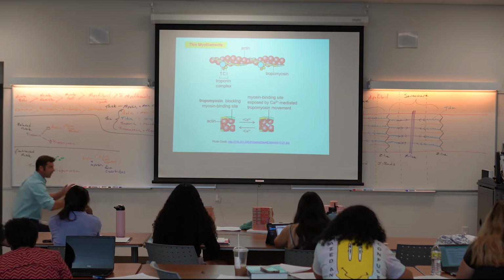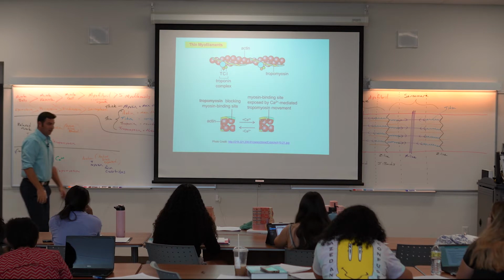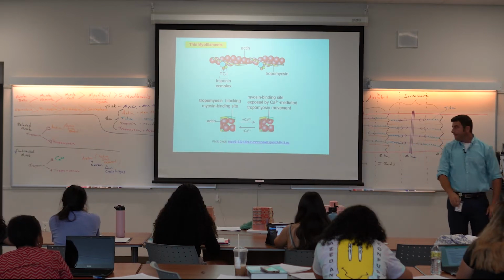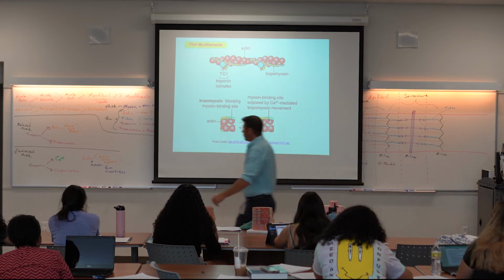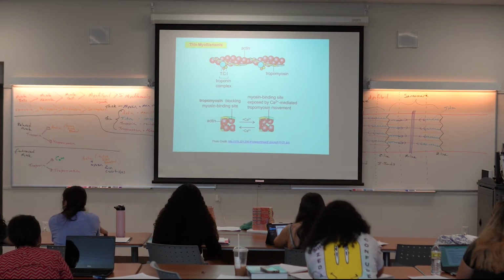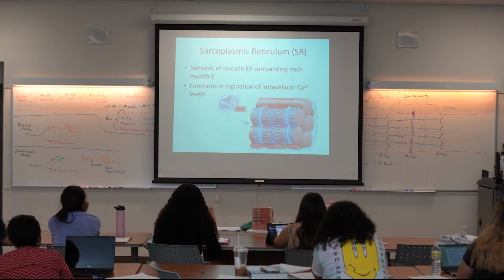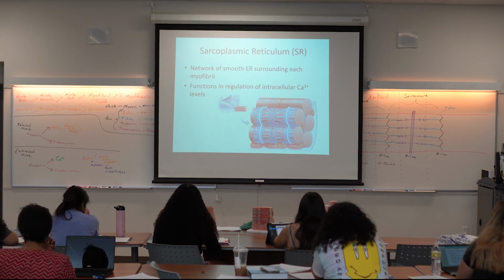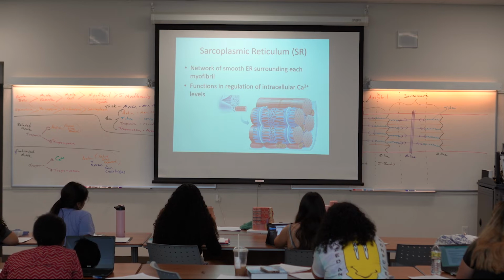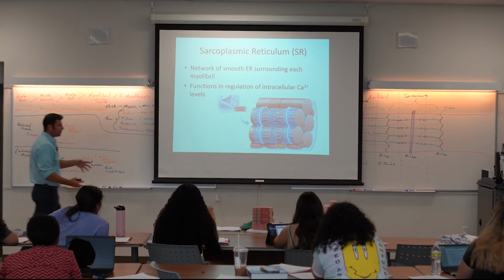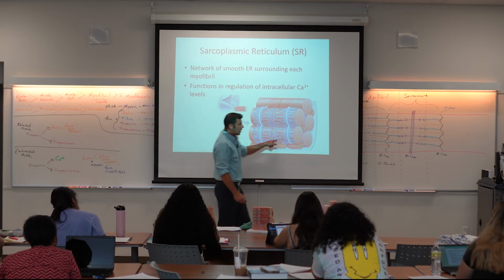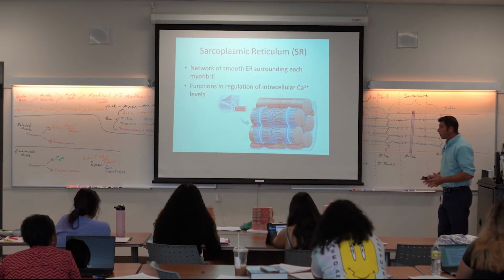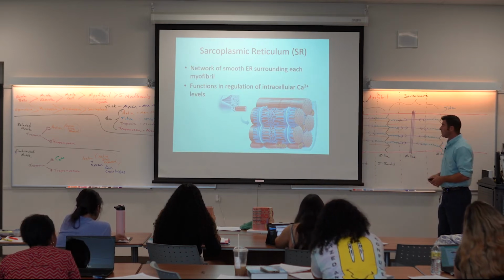We had mentioned something about calcium ions earlier. They're present in muscle cells. They're locked away in one of those organelles. There it is. There is that organelle that we're talking about, this kind of blue net-looking organelle that completely surrounds these myofibrils. That organelle is called the sarcoplasmic reticulum, and it basically stores large amounts of calcium ions.